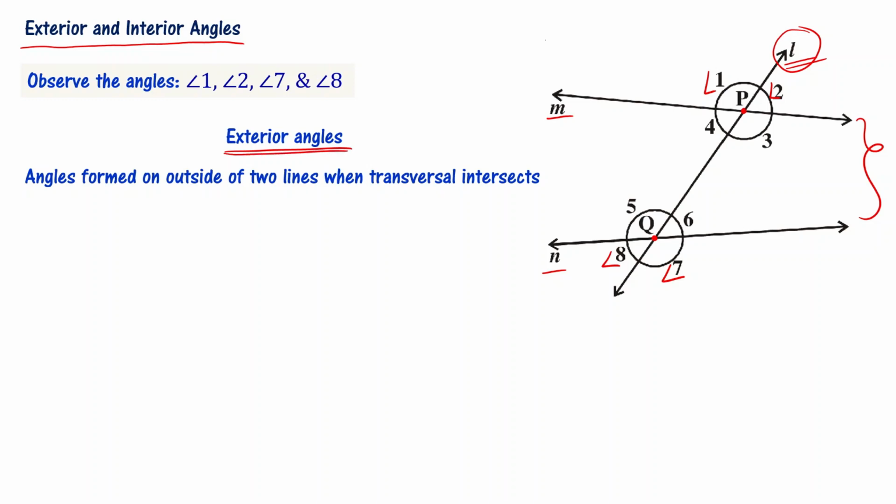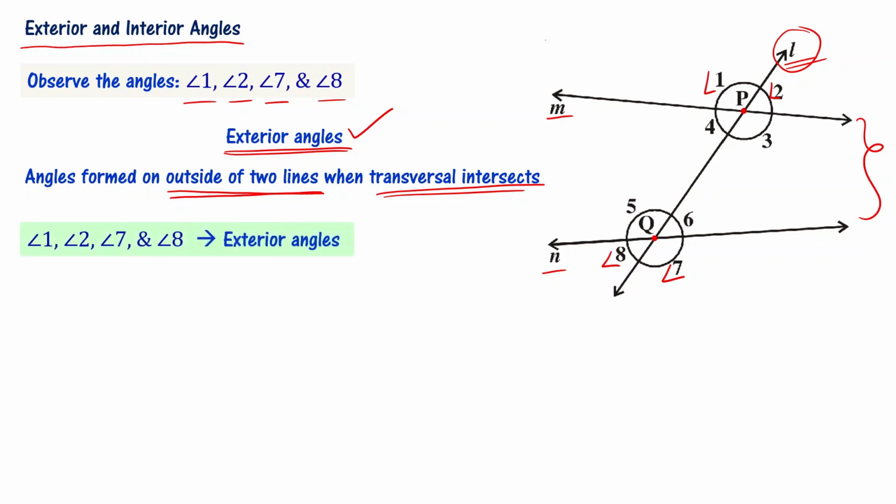The angles formed on outside of the two lines when the transversal intersects. Okay? Transversal is intersecting two lines, right? And the angles formed on outside of those two lines, those angles are called exterior angles. It means angle 1, angle 2, angle 7, and angle 8 are exterior angles.